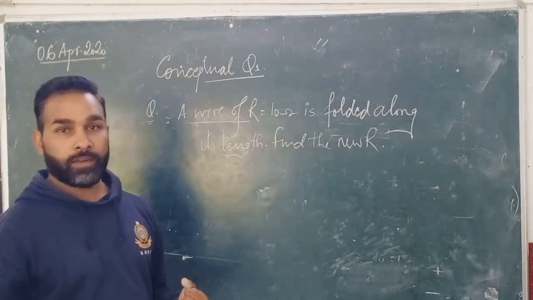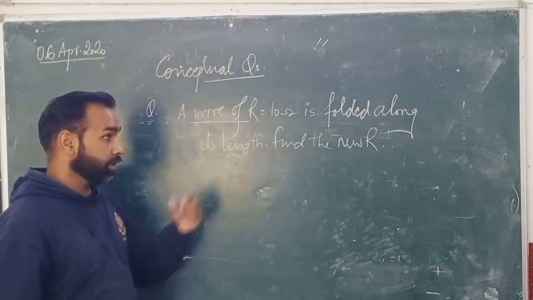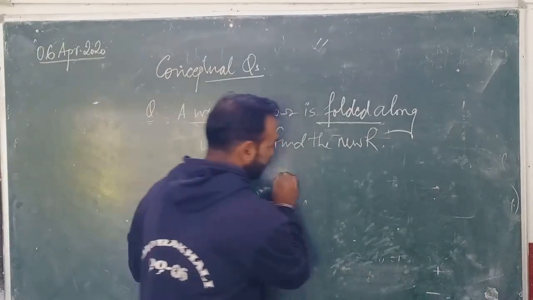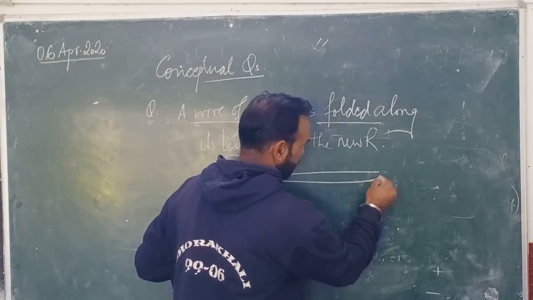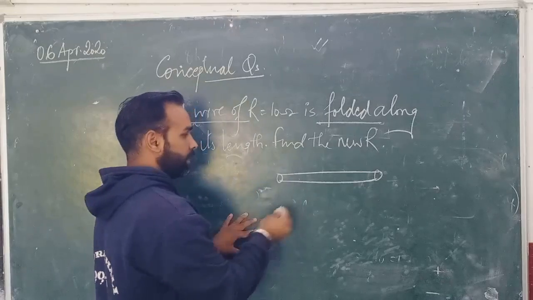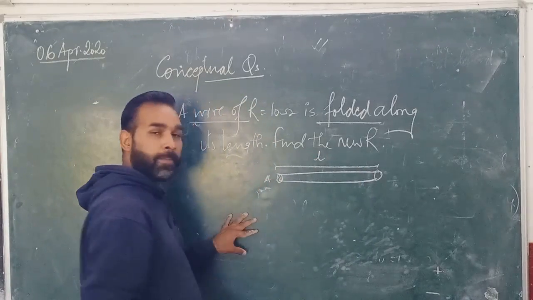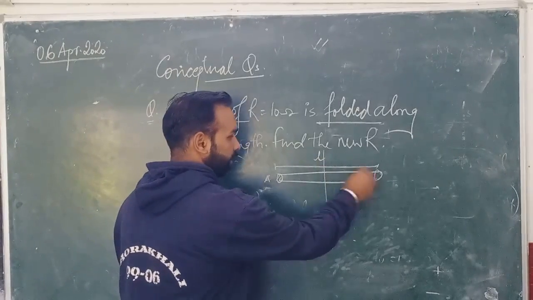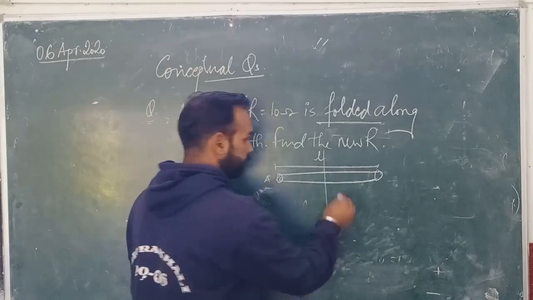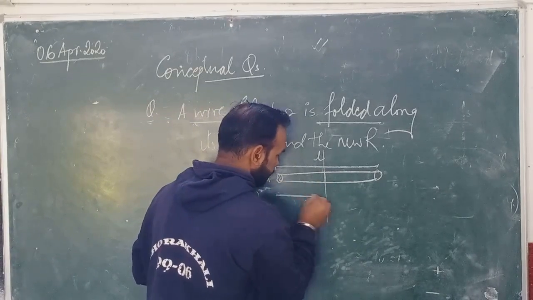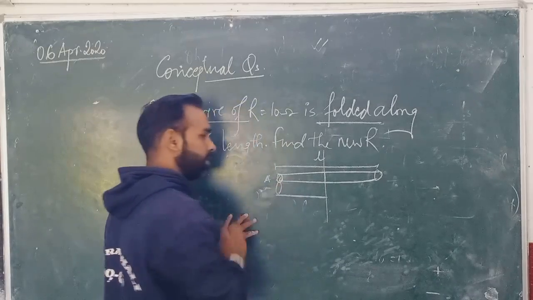Find the new R. Now there is another concept of folded. So let's suppose this is a wire of certain length and area of cross section A. Now I fold it along its length, and this wire is folded and it has come over here this way.